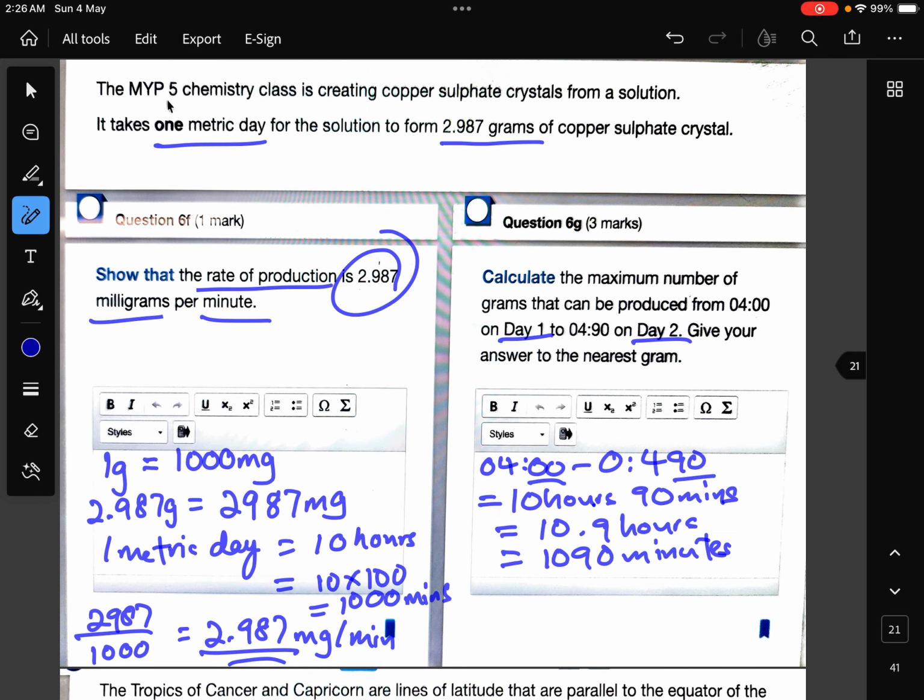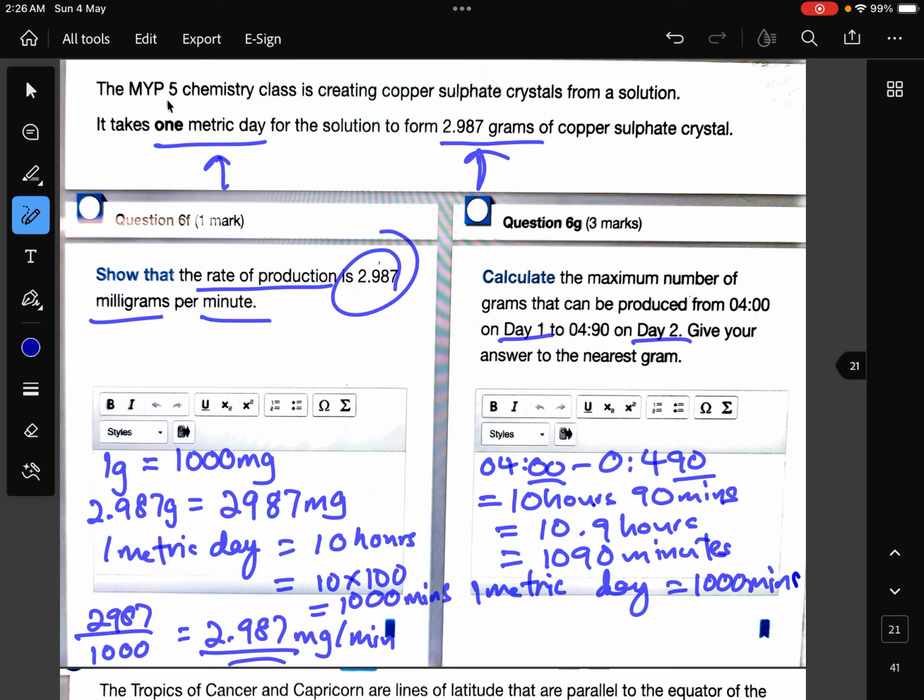So let's go back to this question here. So remember, it takes 1 metric day to form 2.987 grams of copper sulfate crystal. Okay, and we do know that 1 metric day is basically the same thing as 1,000 minutes. So I'm just going to write this. So 1 metric day is the equivalence of 1,000 minutes.